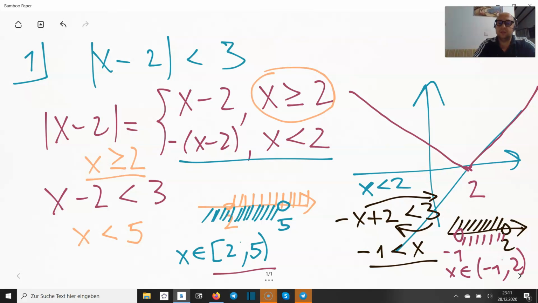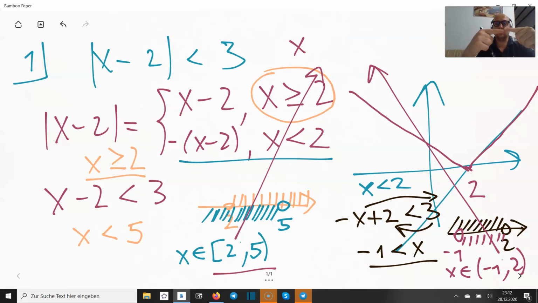So the total solution in this case would be the combination of those two. And now you see we're meeting at 2, so we can merge those two intervals together. So x is starting at minus 1, where it's excluded, and we end up at 5, where 5 is excluded as well.